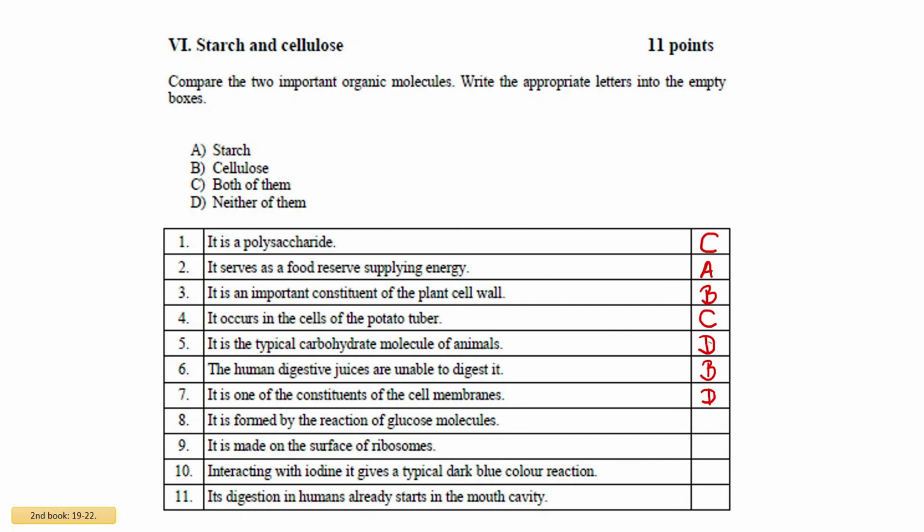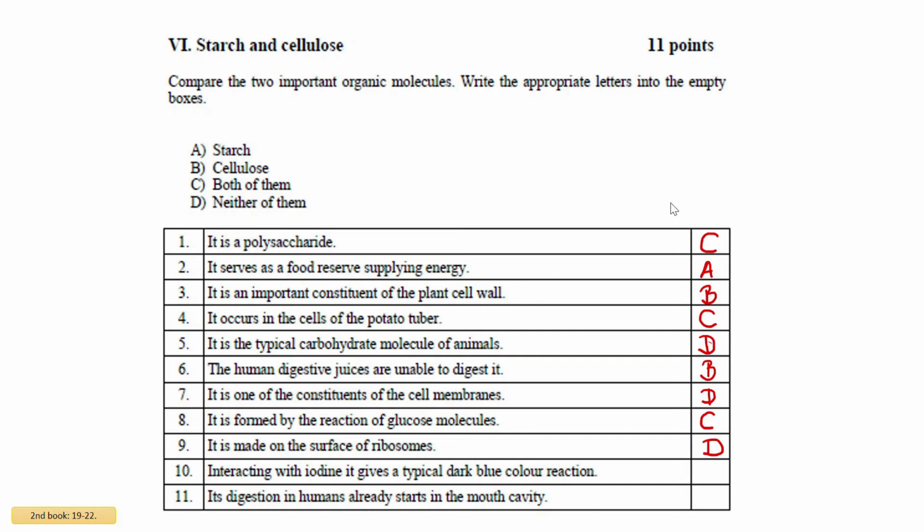It is formed by the reaction of glucose molecules. That's gonna be true for both of them, as we have discussed. It is made on the surface of ribosomes. That is D. None of them are proteins.